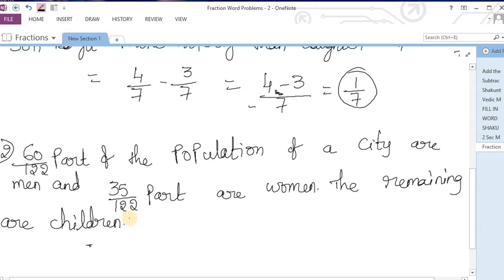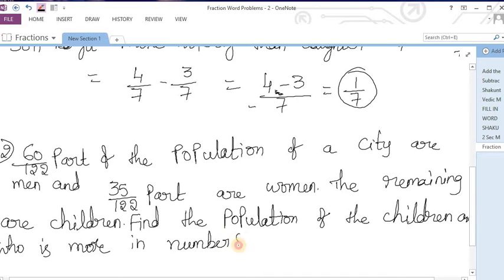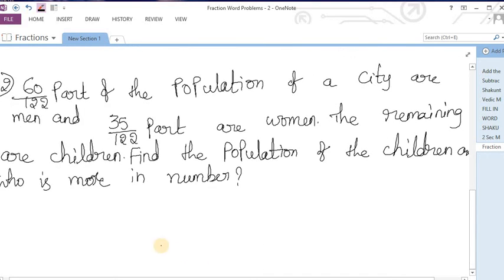Find the population of the children and who is more in number.